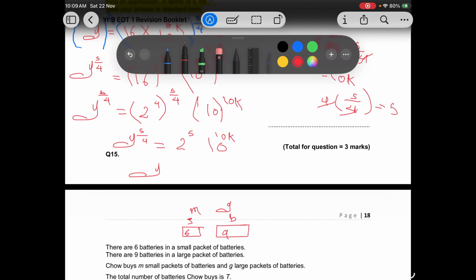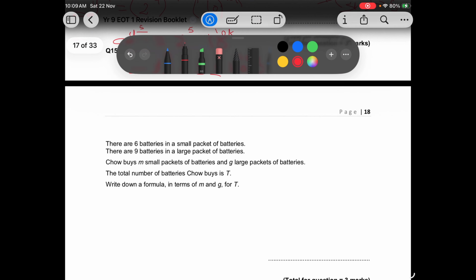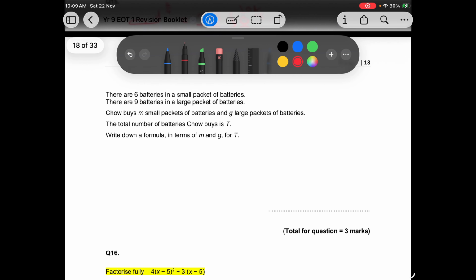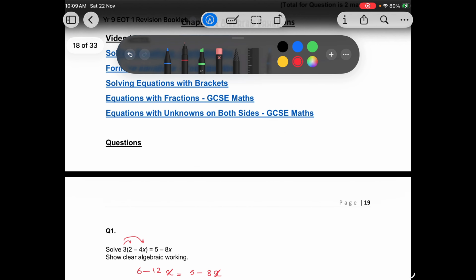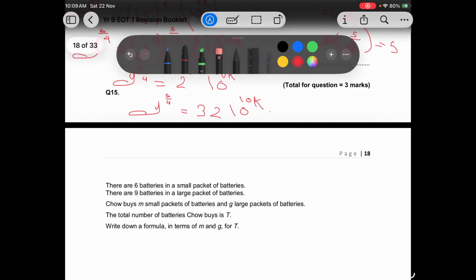So in total, y to the 5 over 4 equals 32 times 10 to the power 10k. Hopefully this is clear for everyone. And what next? Okay, this is a really very long journey, to be honest with you guys.